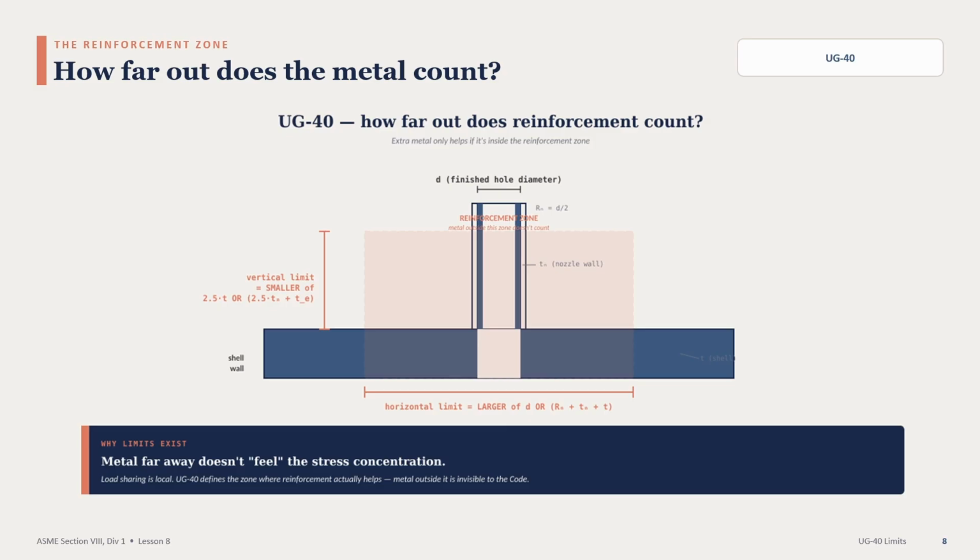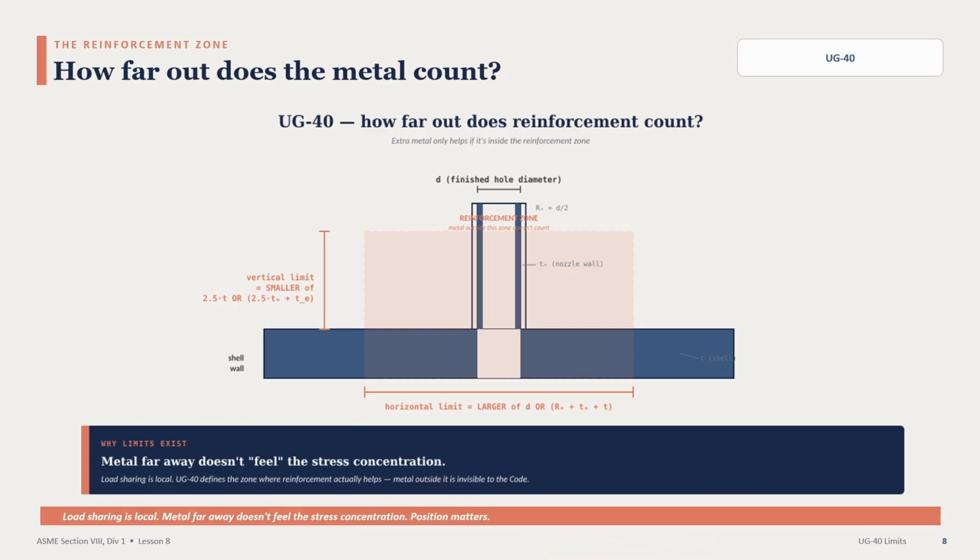Metal far away doesn't feel the stress concentration. Load sharing is local. The stress hotspot around the hole is a local phenomenon. It stretches only a few inches into the shell before the stress smooths out to normal levels.